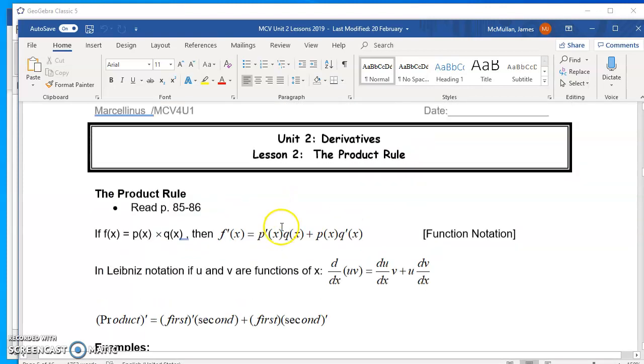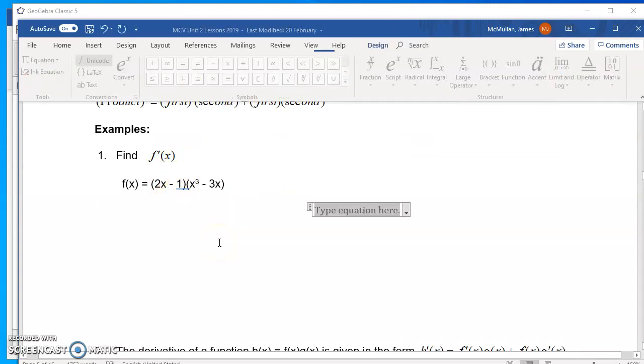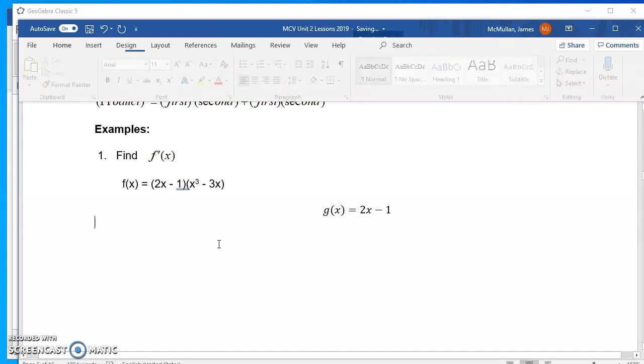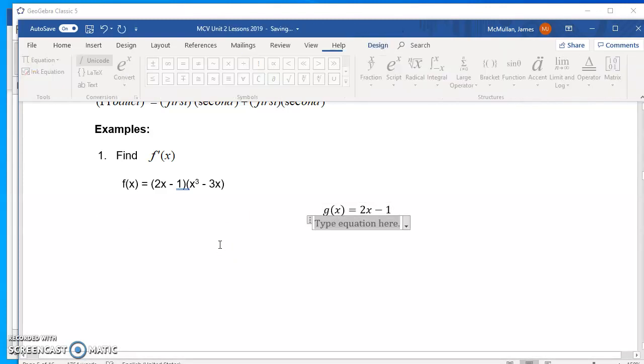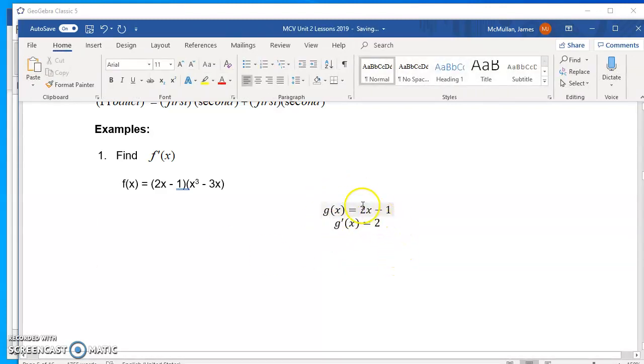So when we go to this first one, again, let's just define a few things. We'll say our g function is 2x minus 1, and therefore our g prime is just 2, because you can just use your power rule to easily get the derivative there.